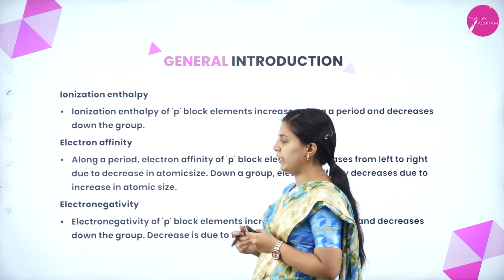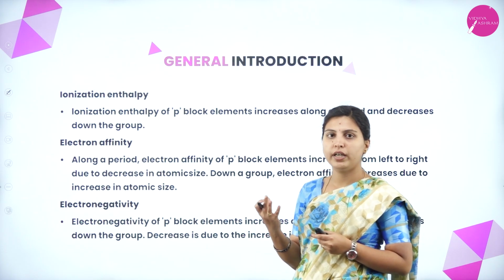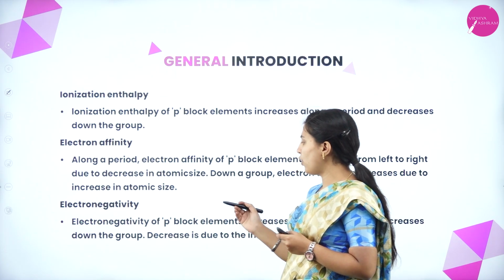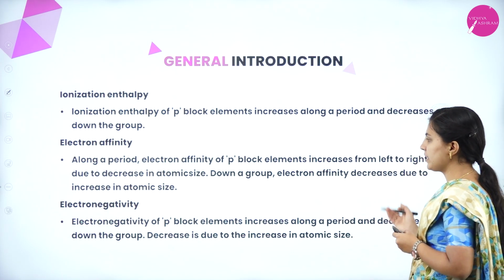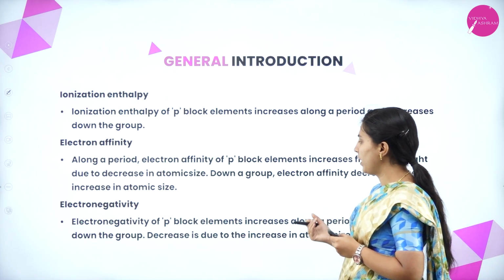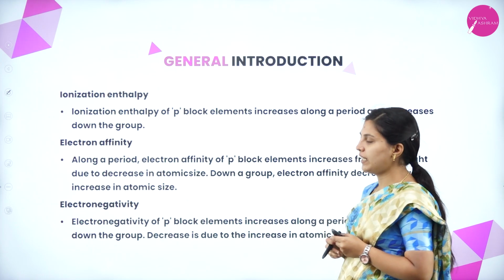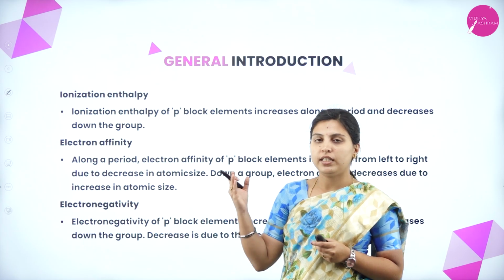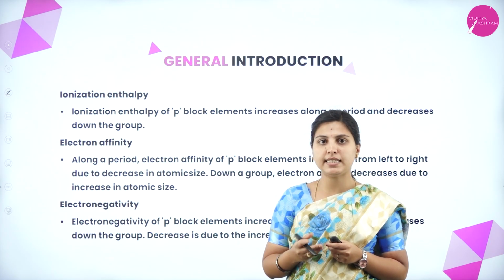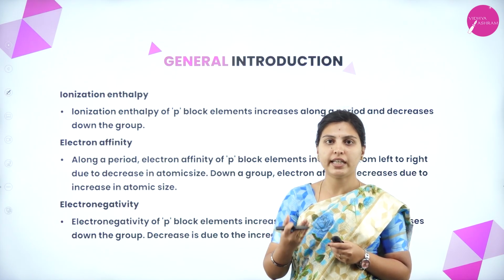Next, electronegativity. Okay, the pull of electrons. Electronegativity of p block elements increases along a period and decreases down the group. The decrease is due to the increase in atomic size. We know one concept: from left to right, size decreases but electronegativity increases.